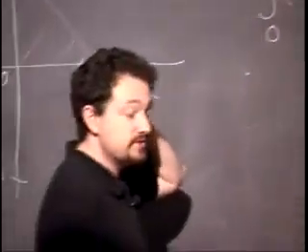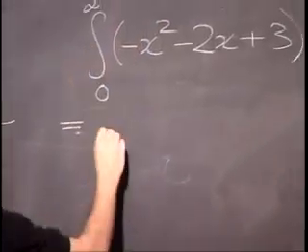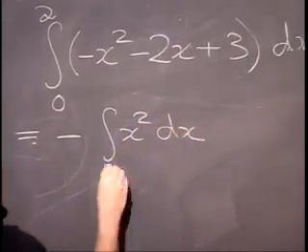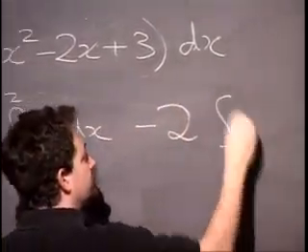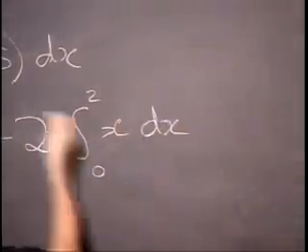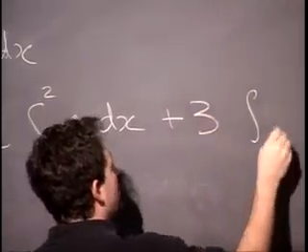out all the constants. So the 3 integrals are, this is like a minus 1, so we just get the minus integral of x squared from 0 to 2. And then we have minus 2 times the integral of x, plus 3 times the integral of 1.